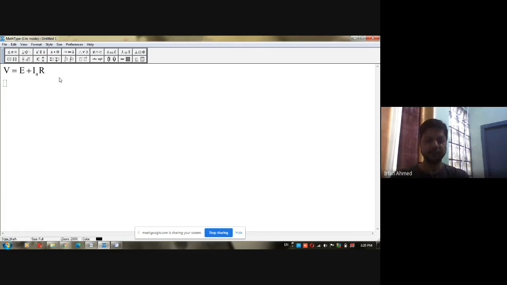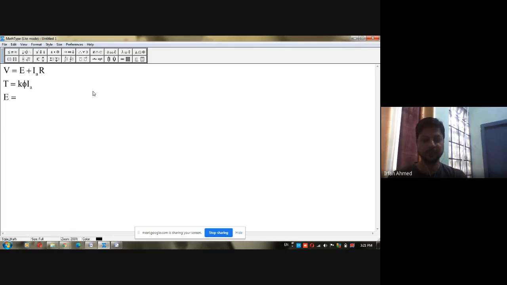The second equation: torque is proportional to flux phi and armature current IA. If you remove the proportionality sign, we get a proportionality constant, that is K.